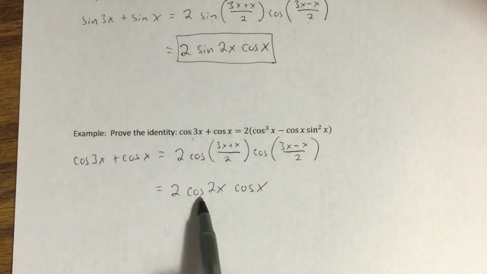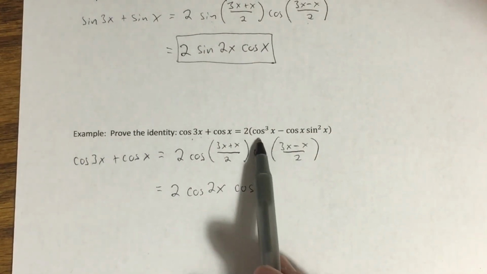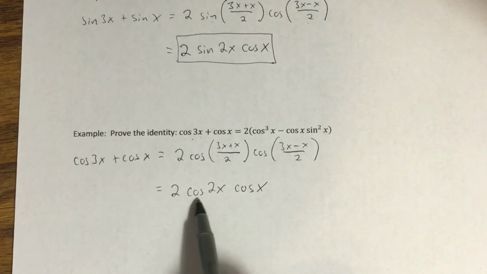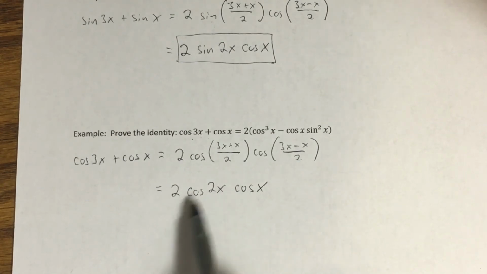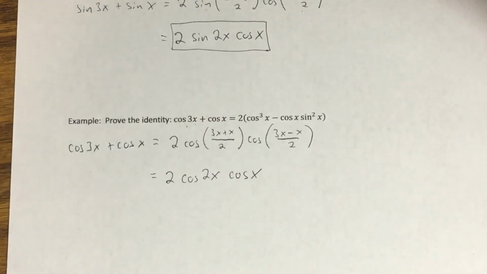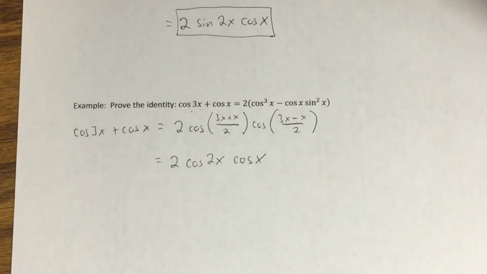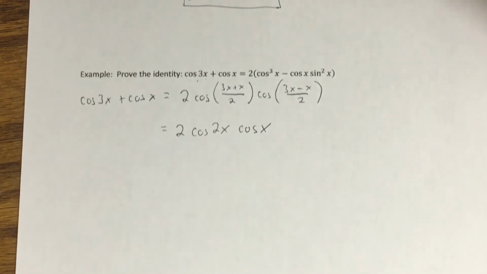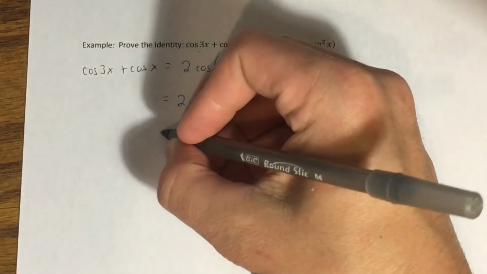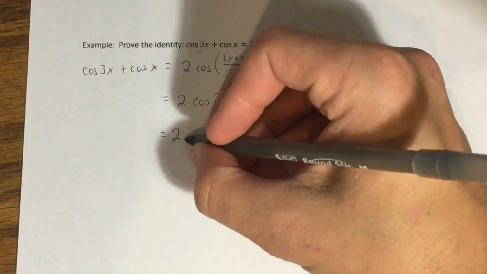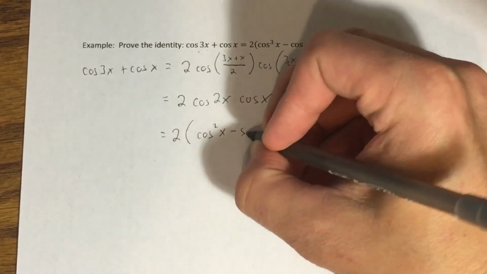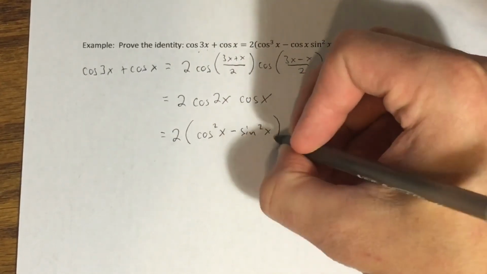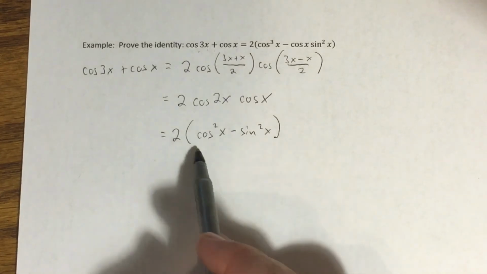Okay? Now you notice it doesn't look like what we have here. But I do see a cosine of 2x here, which looks similar to a double angle formula, or makes me think of a double angle formula. We have a few double angle formulas that we know of for the cosine function, and I'm going to try using the first one. Cosine of 2x is the same thing as cosine squared of x minus sine squared of x. So this becomes this.